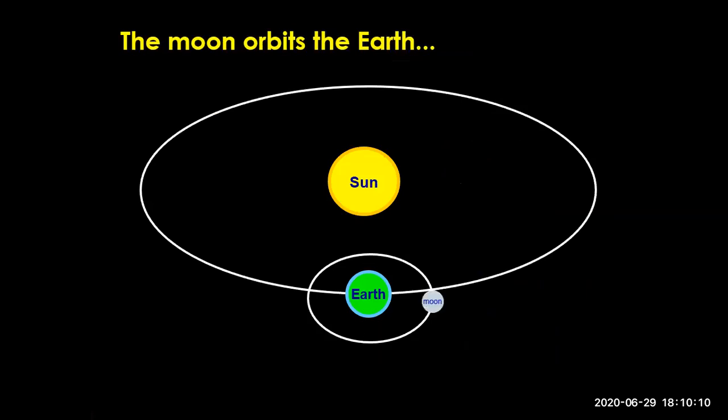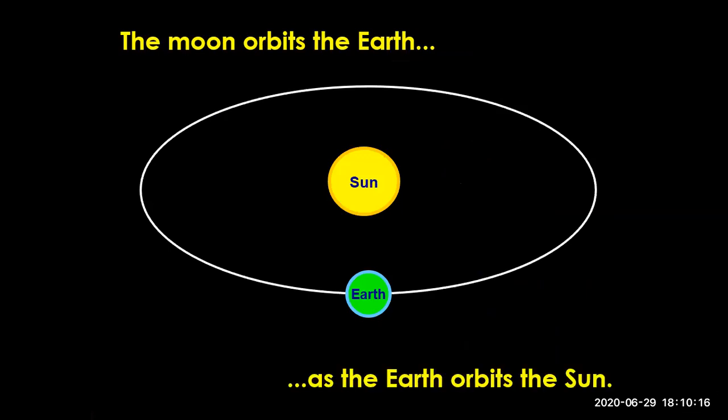The moon orbits the earth, and you see the movement now. You see it moving? The moon orbits the earth, and as the earth orbits the sun, that's the movement. Fantastic.